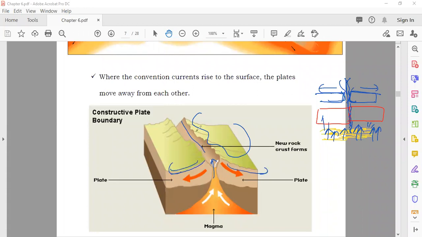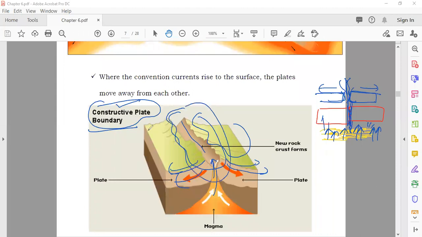So this boundary is known as constructive plate boundary. Once again, when the lava comes out, because this is the only soft place through which the lava can come out, it moves the plates away from each other sideways. So this boundary is known as constructive plate boundaries.